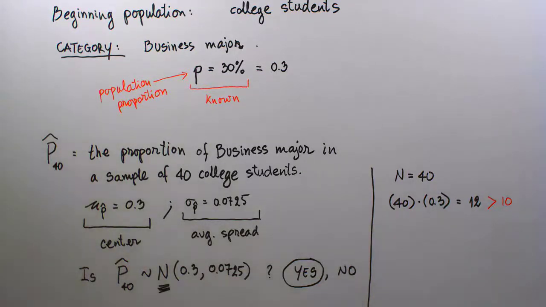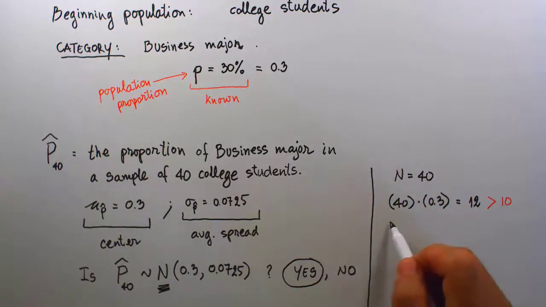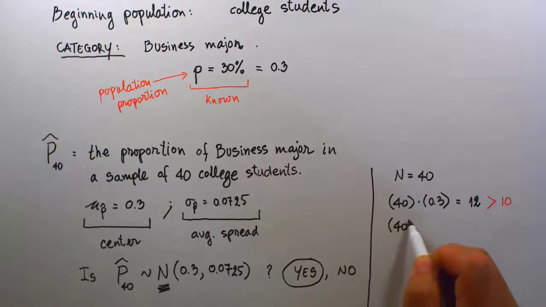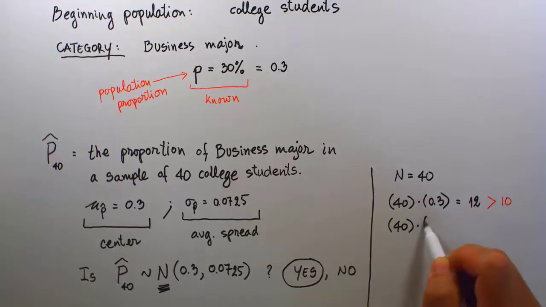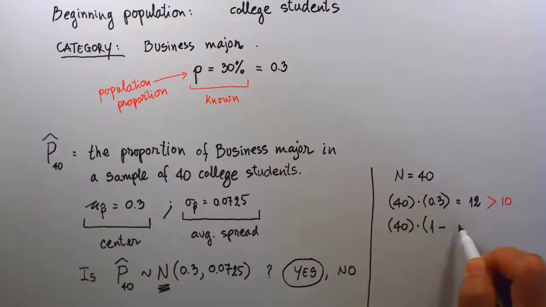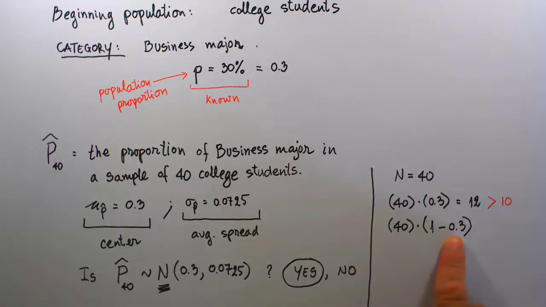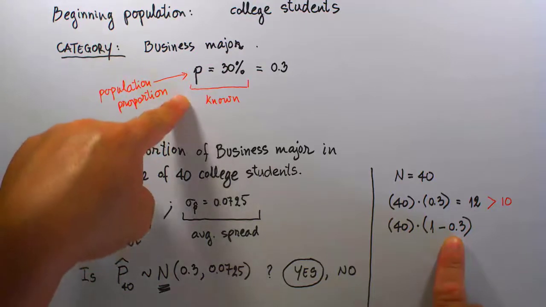Further, the same sample size that we're currently working with, 40, I am now going to multiply with the following setup: 1 minus 0.3. Again, 0.3 came from our known population proportion.